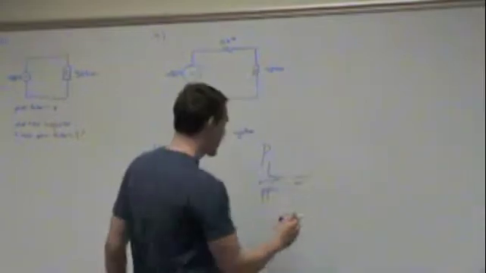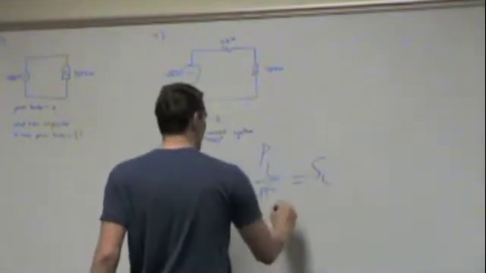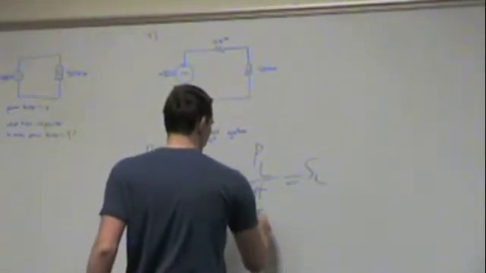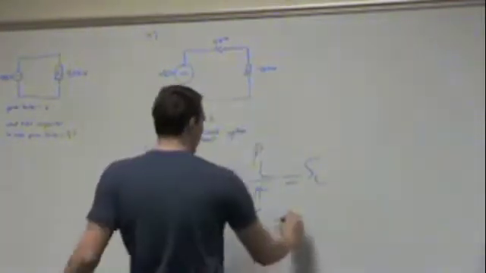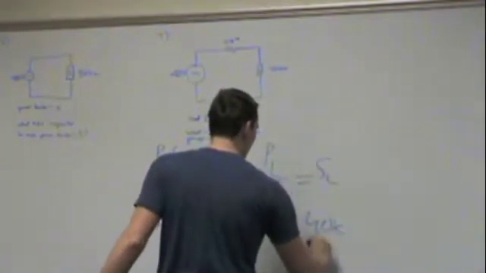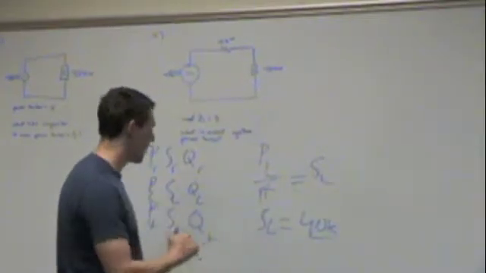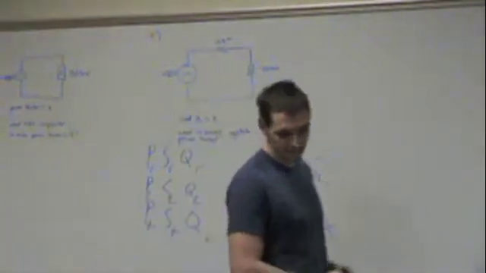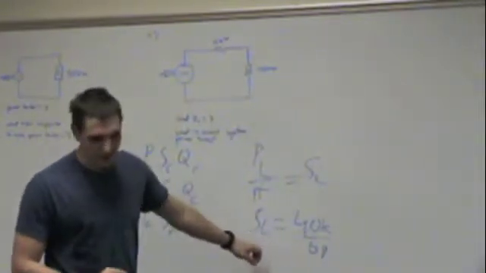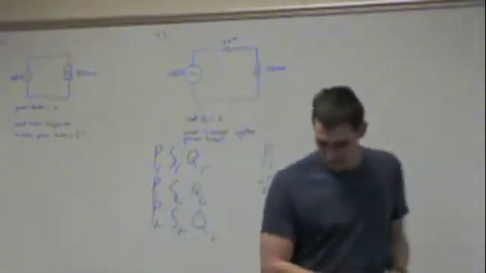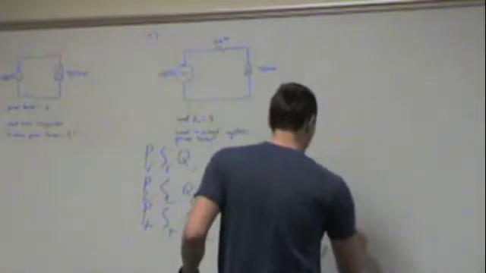SL equals PL, which is 40, over PF, which is given as 0.8. So we have 40 divided by 0.8, which is 50K.